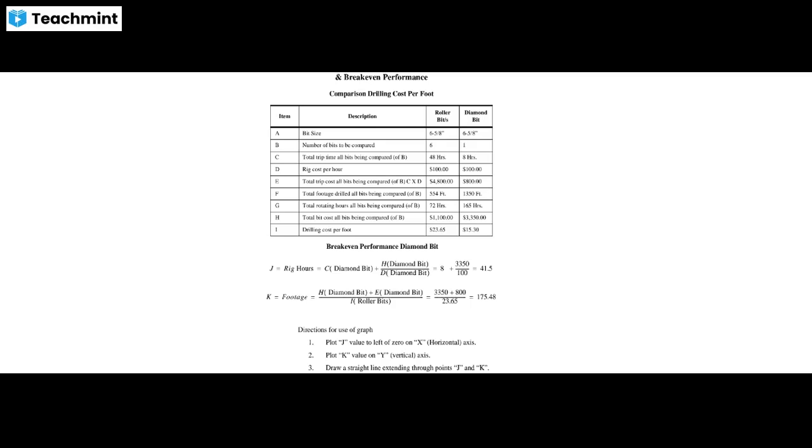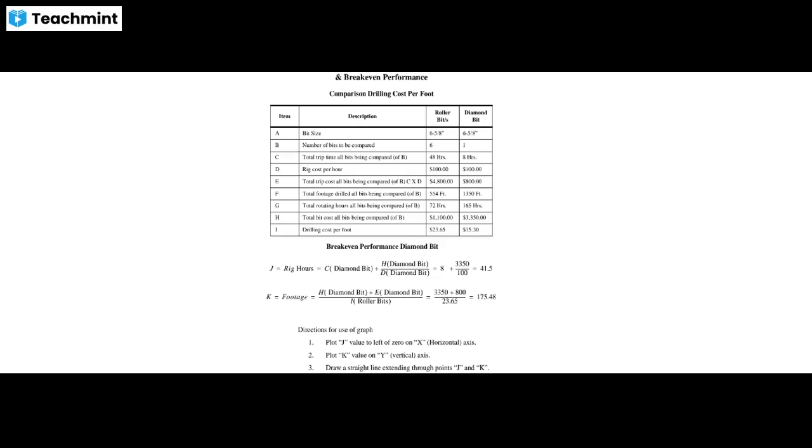So by break-even performance, the diamond bit. So you are doing the description, roller cone bit and diamond bit. So the items A, B, C, D, F, G, H, I, J, K, different dull gradings.